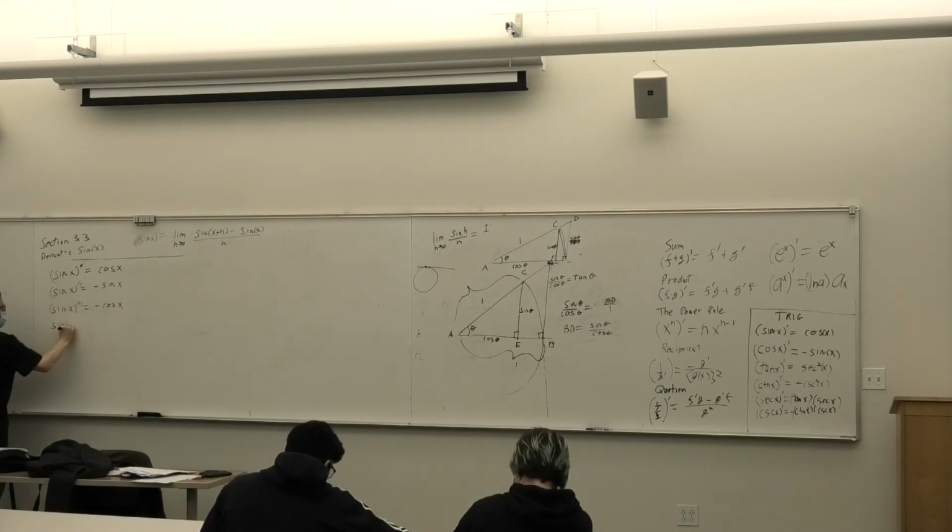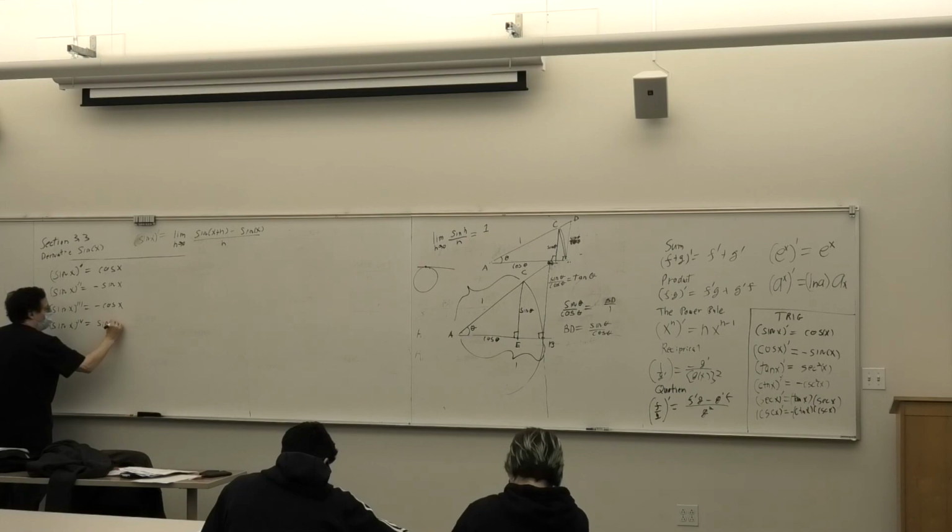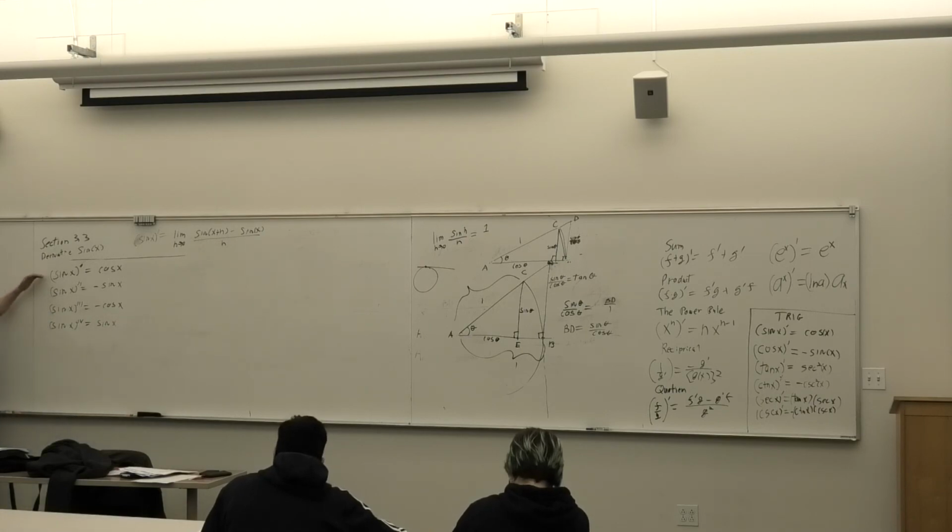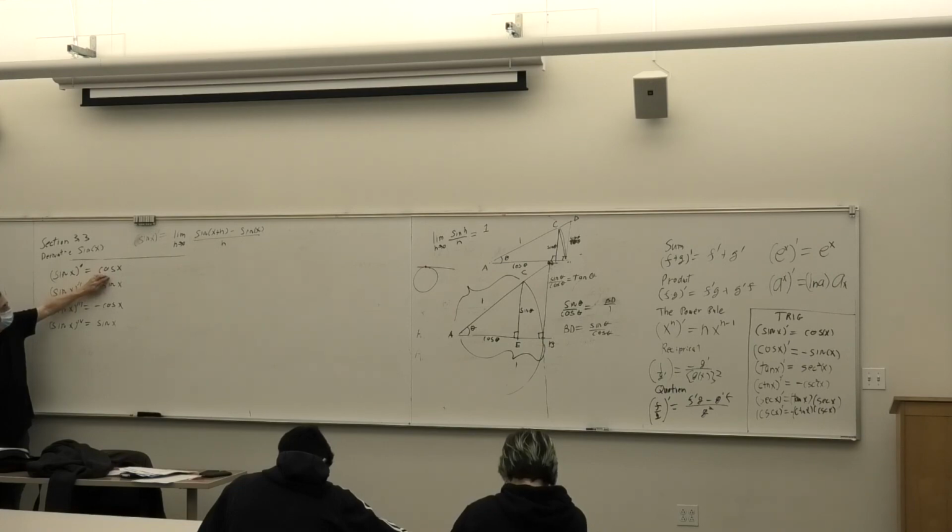And finally, the fourth derivative is going to be the sine of x again. So you have kind of a cycle here. You can find further derivatives, but you can find them in this list here. Obviously, the same as the cosine of x. After you find its derivative 4 times, you're back where you started from. That's not true of the other functions.